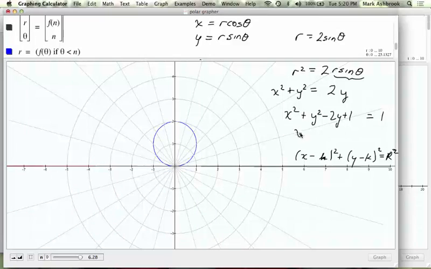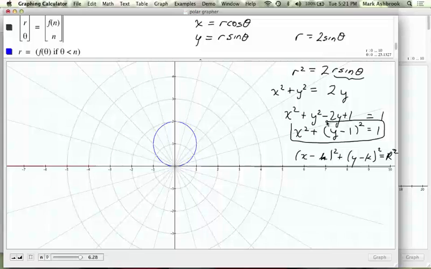And so what do I got? I got x squared plus, we got a perfect square now, y minus 1 squared, equals 1. Pre-calculus. Got to remember it. What's the center of the circle? 0, 1. x minus 0 and y minus 1 gives 0, 1.